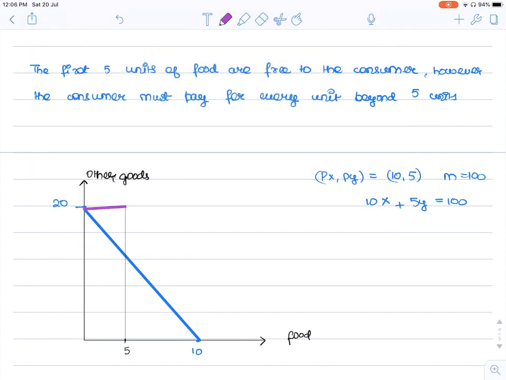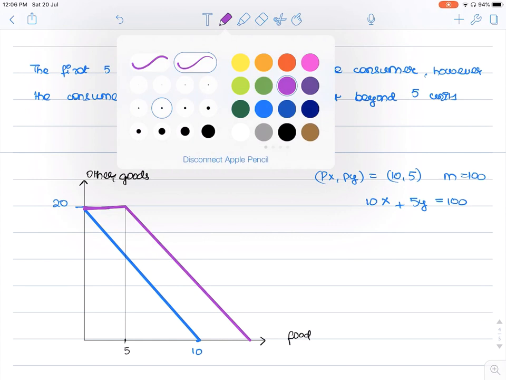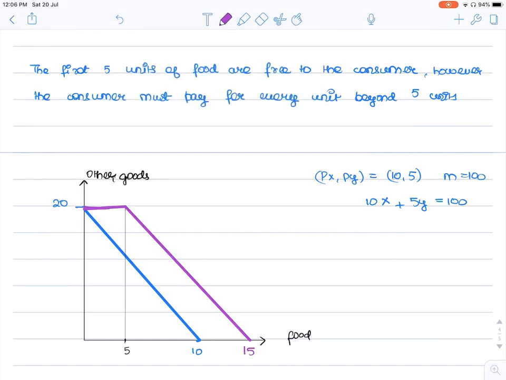But if beyond 5 units I still have to consume food, then I have to pay this 10 rupees per unit. And with that, I can consume 10 units after that. So the first 5 units are free, and if I'm spending my entire income on X, I can buy 10 more units.